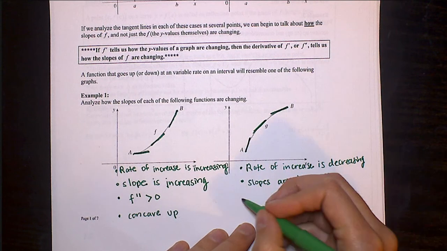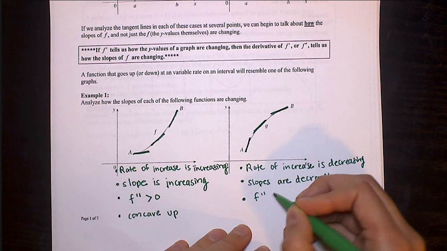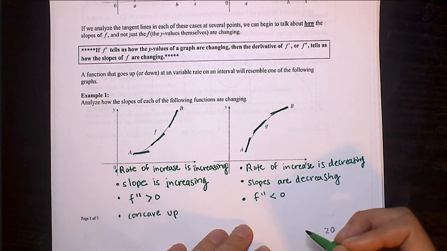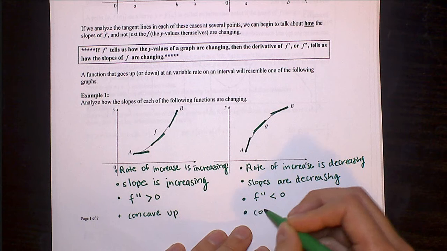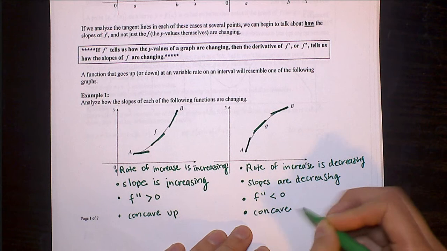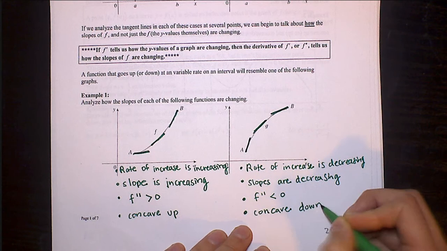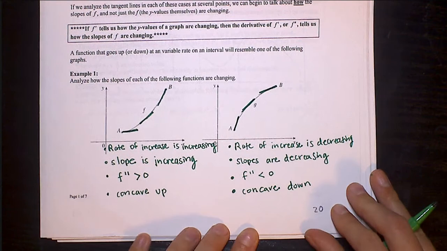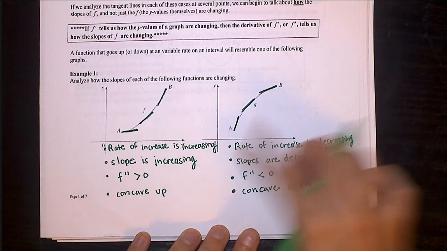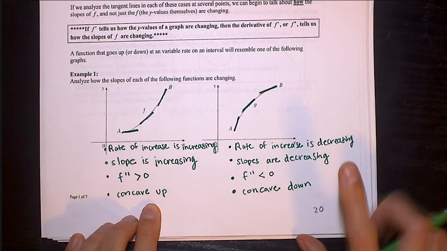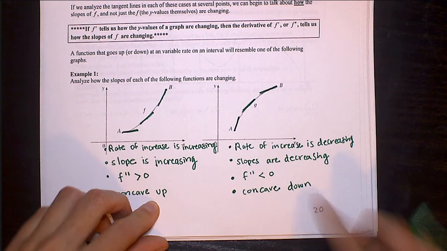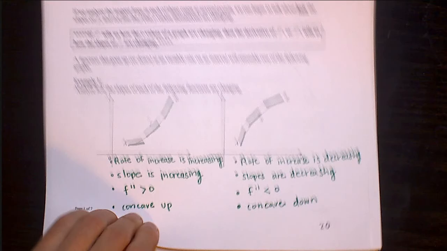This occurs when f double prime is less than 0. And instead of concave up, we say this is concave down. Okay. Here's a summary of the different types of concavity. There's just concave up or concave down. Let's flip the page.